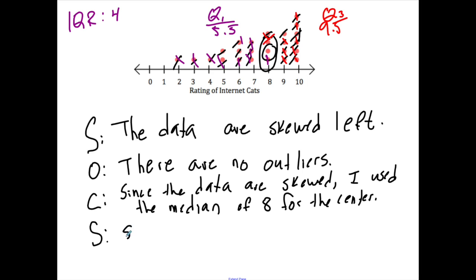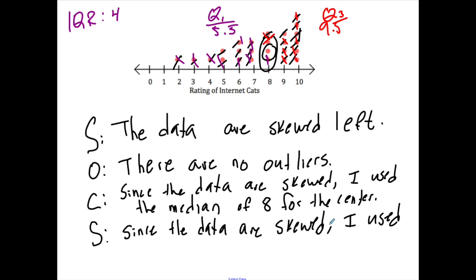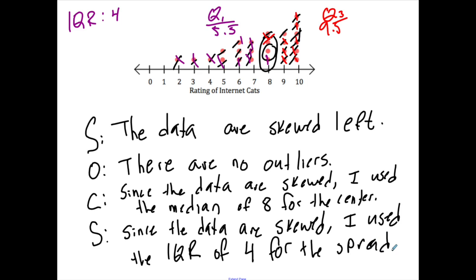So then I say, since the data are skewed, I used the IQR of 4 for the spread. All right.